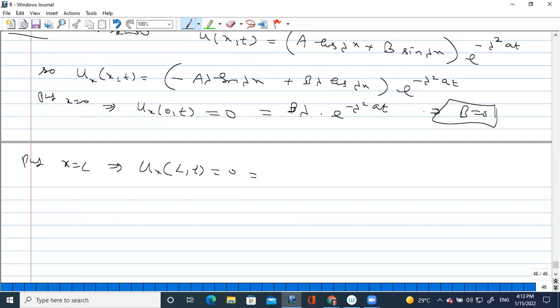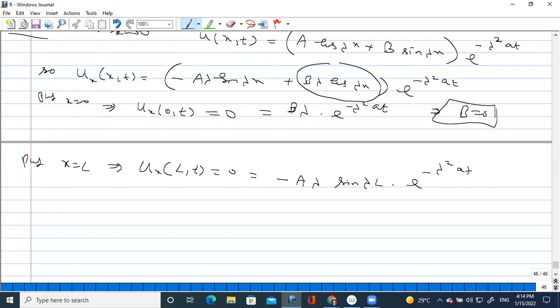Because b is already 0, this term I can forget. So it will be minus of aλ sin(λL) into e to the power minus λ²c²t, and that is all equal to 0.